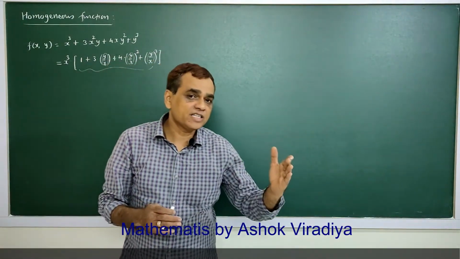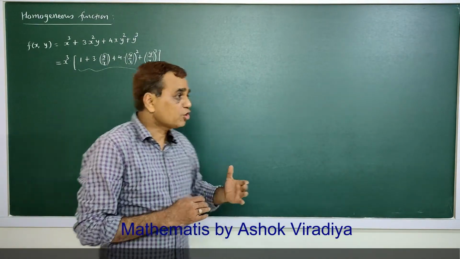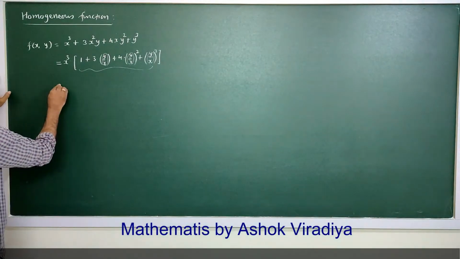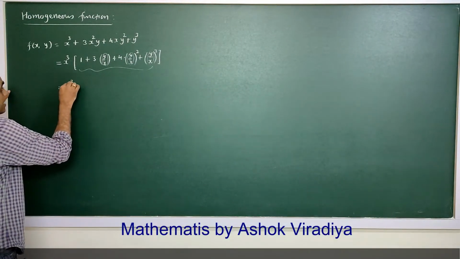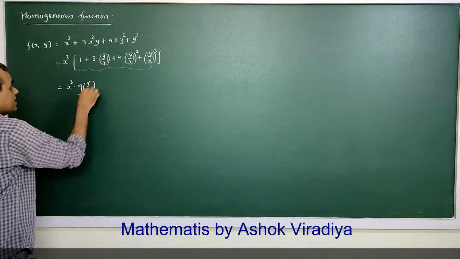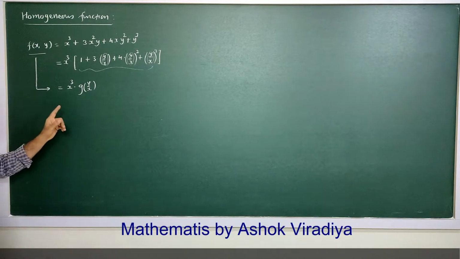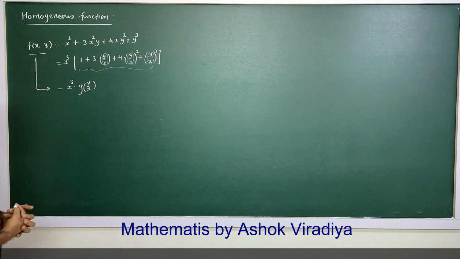There is no y without x in the denominator. So it is a function of y by x. So this function is expressed as x cube into g of y by x.